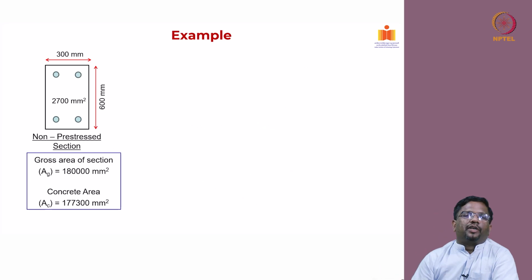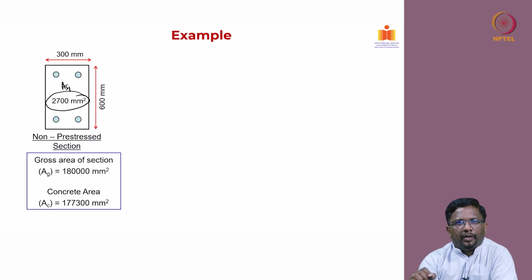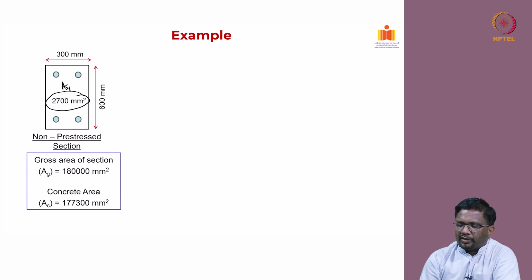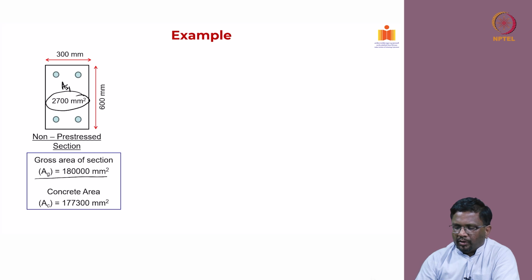Let us look at all these three cross sections that we are considering, 300 by 600, and this is the area of your steel, which is AS1 that we said. The total concrete section has an area of 180,000 millimeter square. Only concrete area is 180,000 minus 2,700, which is 177,300 mm square.